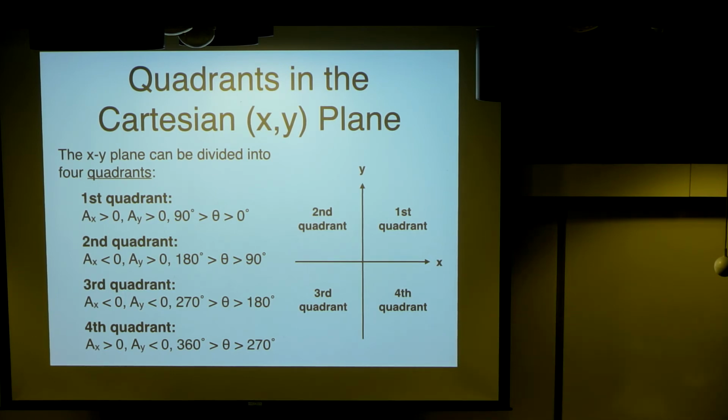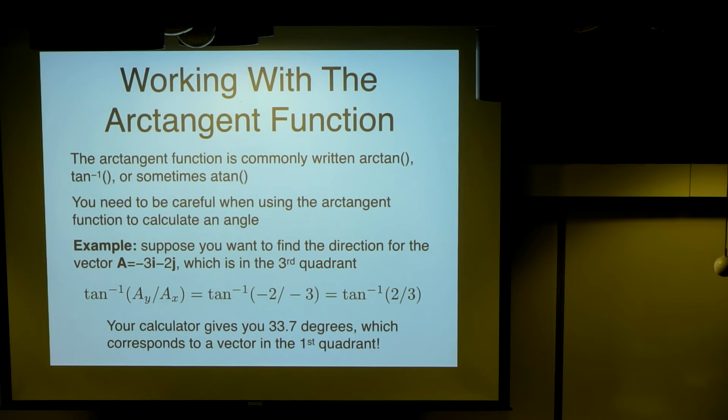But that gives us a problem when it comes to the arctangent, or the inverse tangent function. So if you have your calculator, just take it out for this next part. The arctangent function is written a lot of different ways, unfortunately, depending on what textbook or source you're reading.